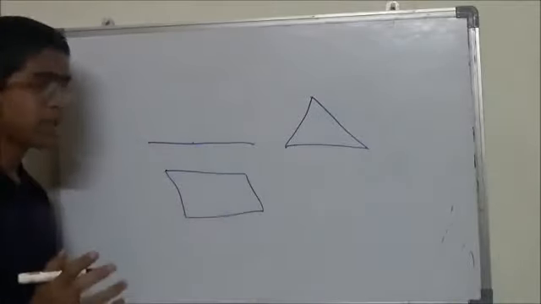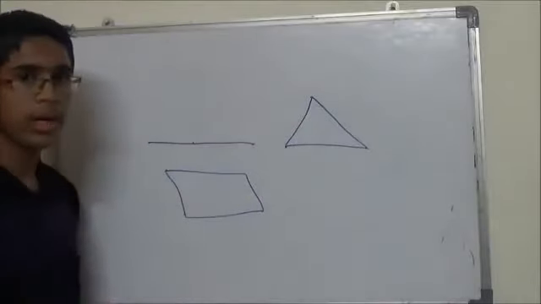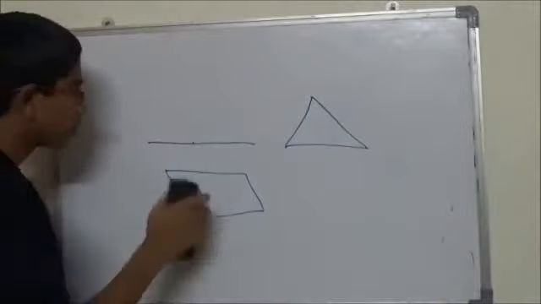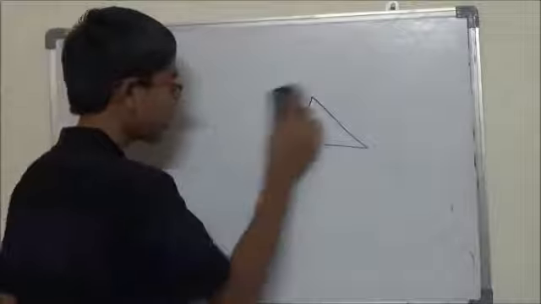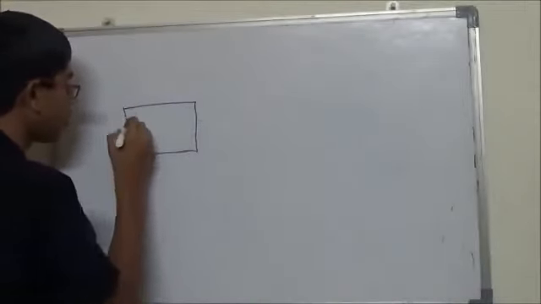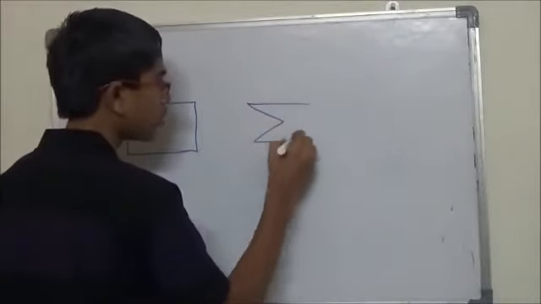There are basically two types of quadrilaterals, concave quadrilaterals and convex quadrilaterals. Now let's see what concave and convex quadrilaterals are. A quadrilateral is nothing but a closed plane figure.